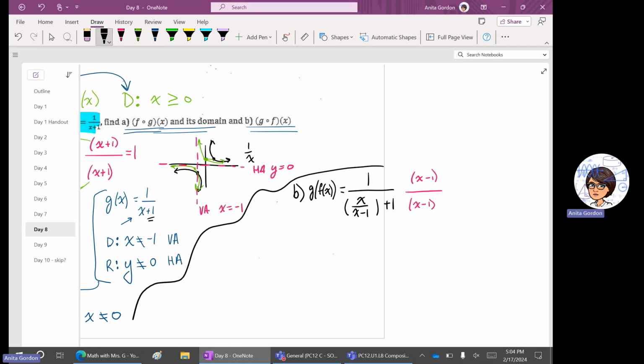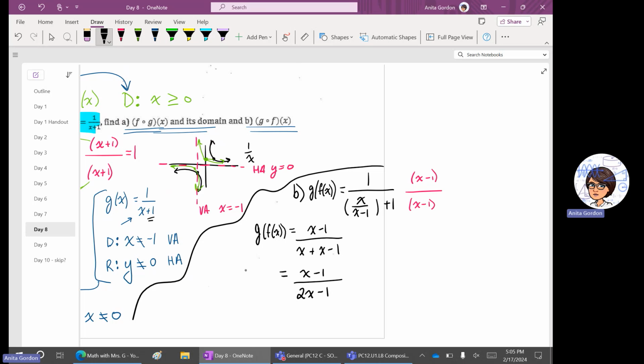So then I'm going to get g of f of x equals, I'm going to have an x minus 1 on top divided by x plus x minus 1, which simplifies to x minus 1 over 2x minus 1.